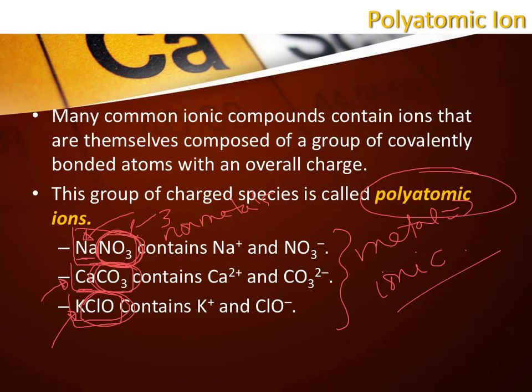Okay? So NO3, CO3, and ClO are all polyatomic ions. And the polyatomic ions themselves have covalent bonds, because look at NO3, for example. It has a nitrogen in it and an oxygen in it. Nitrogen and oxygen are both nonmetals, so they have a covalent bond between them. But overall, this compound is still ionic because it has a cation and an anion. I hope that didn't confuse you.